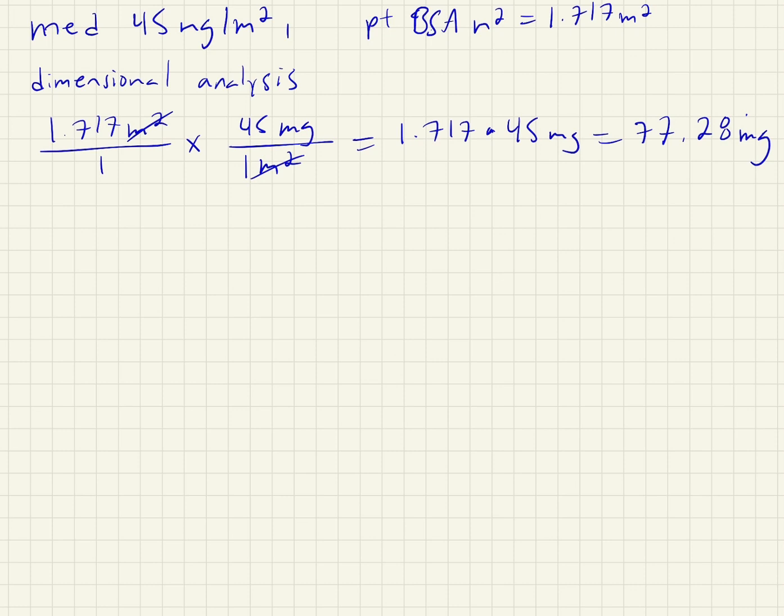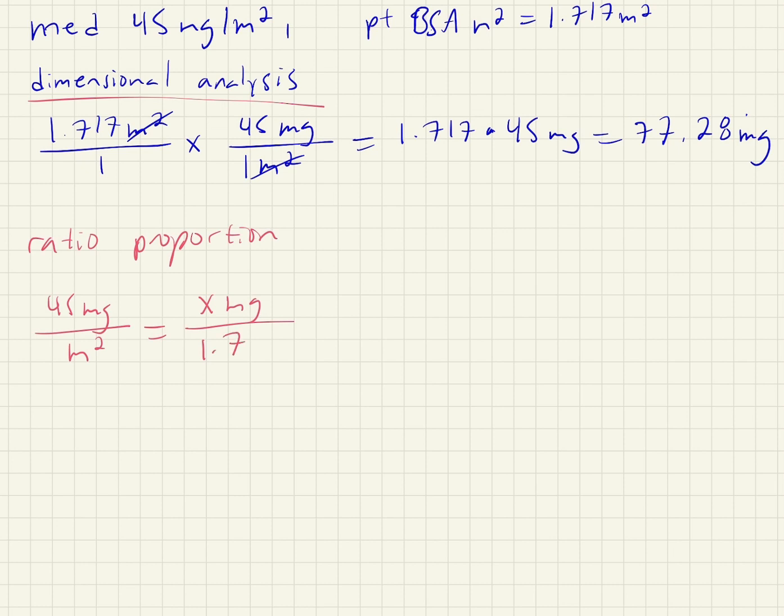And that's dimensional analysis. But if we do that in the ratio and proportion method, if that makes a little more sense for you, then we know that our med is 45 milligrams over meters squared, and we want something that looks the same. So we're looking for milligrams, so x milligrams over our meter squared, which for this patient is 1.717.